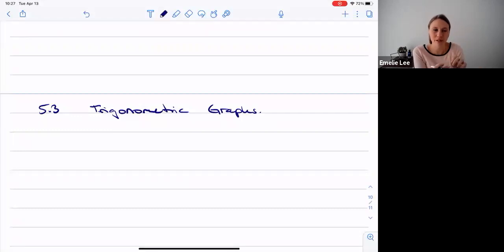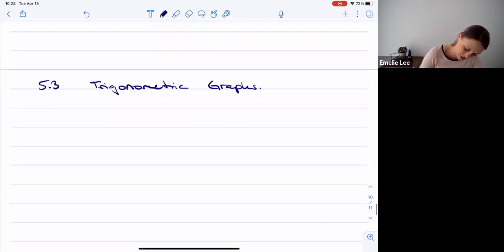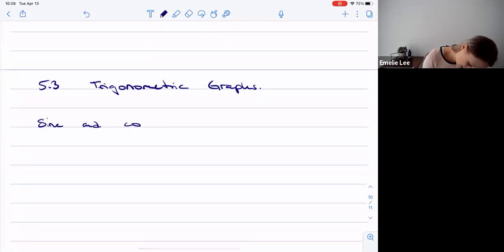The cosine becomes the same x value that we started with on the first lap around. So sine and cosine are what we call cyclical functions. Sine and cosine are cyclical.